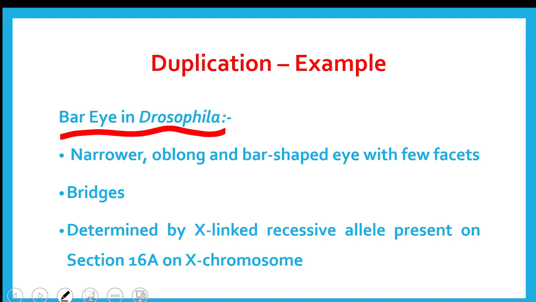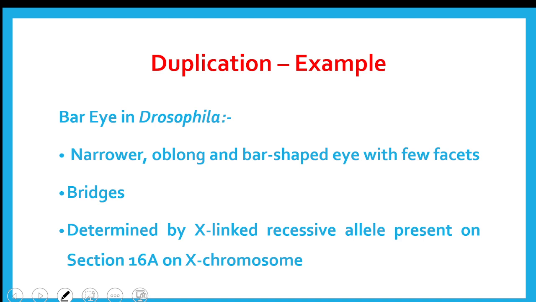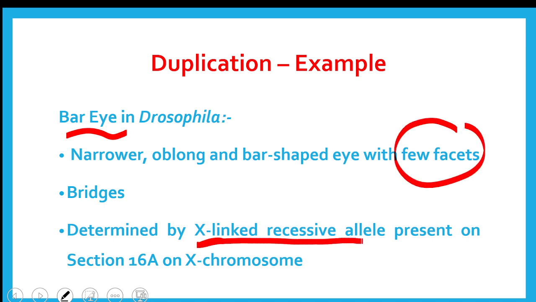Bar eye in Drosophila is an example of duplication. It results in a narrower, oblong, bar-shaped eye with very few facets. This was described by C.B. Bridges. The shape of the eye and also the number of facets is determined by an X-linked recessive allele present on the 16A segment on the X chromosome.